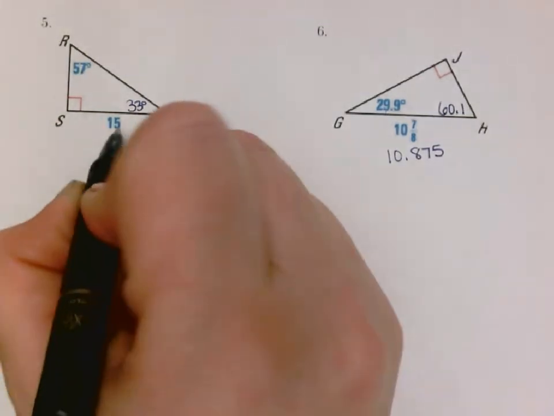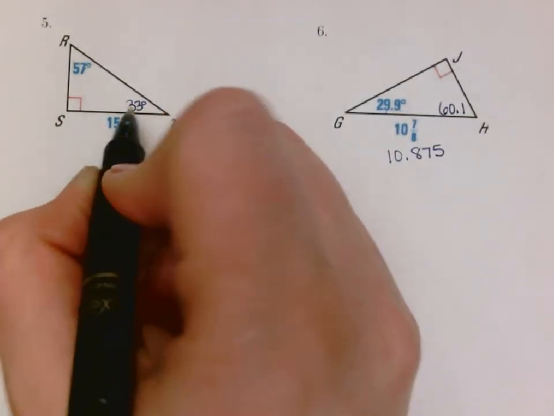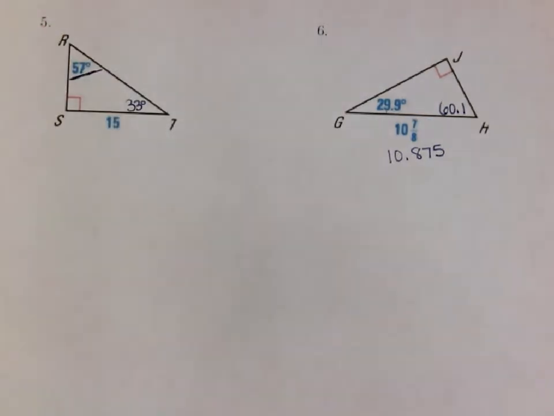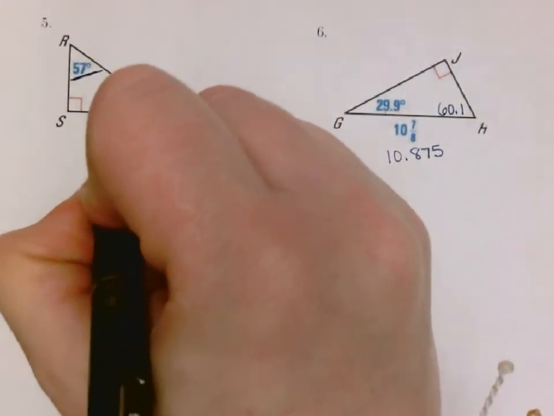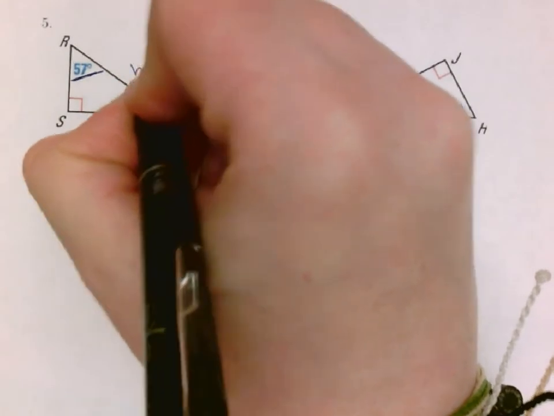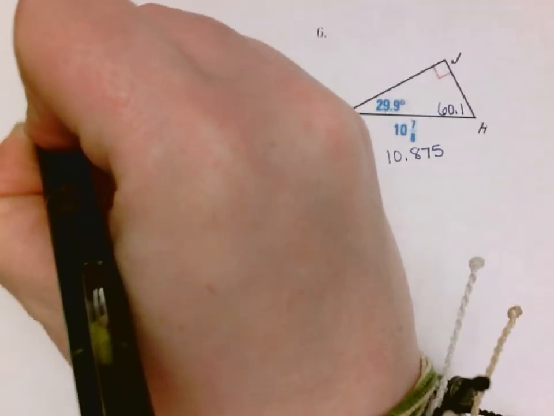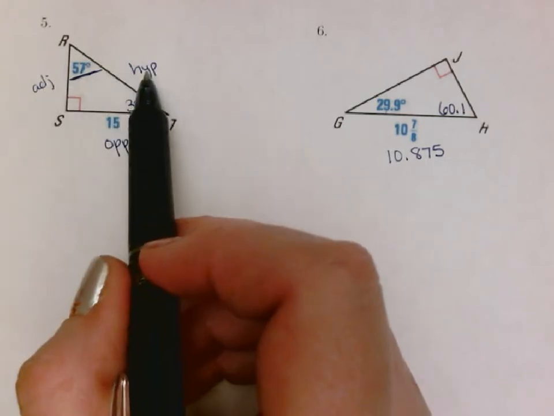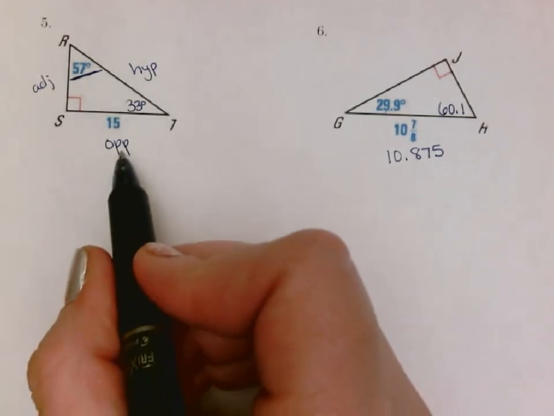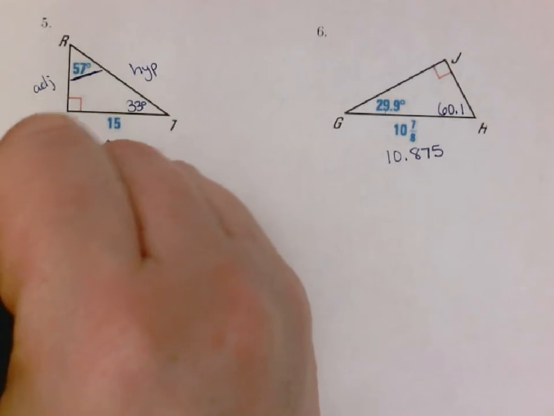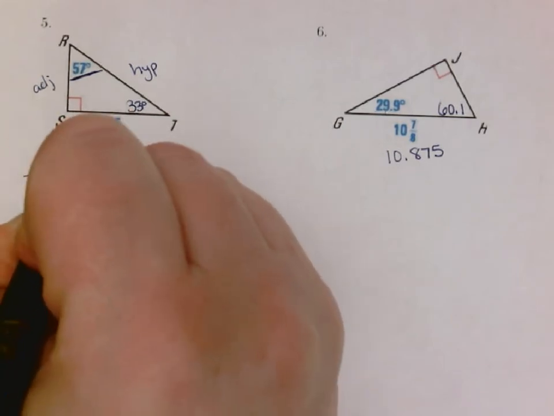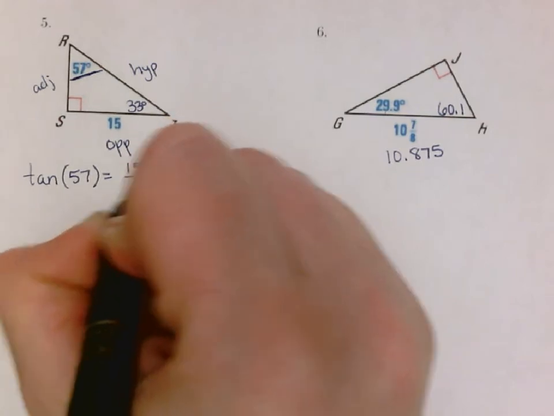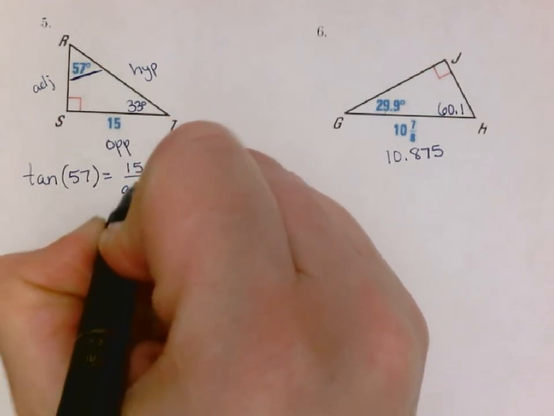So based on this angle here of 57, I'm going to use the one that's given to me. This would be opposite. This is hypotenuse. This is adjacent. So to find the adjacent and the hypotenuse, given the opposite, I want tangent of 57 to equal opposite over adjacent, which is 15 over adjacent.